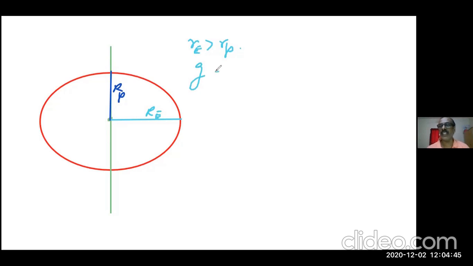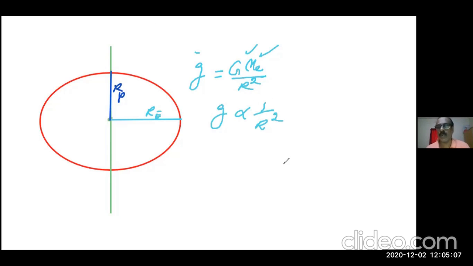We know g is equal to GME by R squared. Any doubt? Here G is constant, M is constant, so g is inversely proportional to R squared. R is the radius from here to here. So if RE is greater than RP, then g at the equator is less than g at the pole, isn't it?